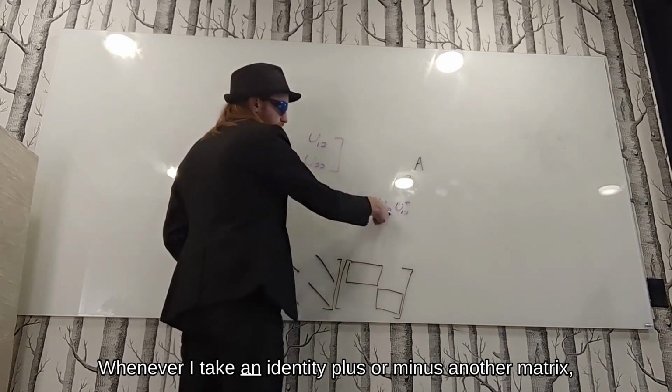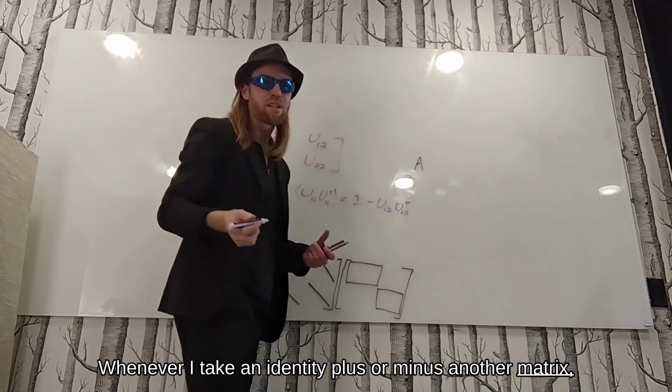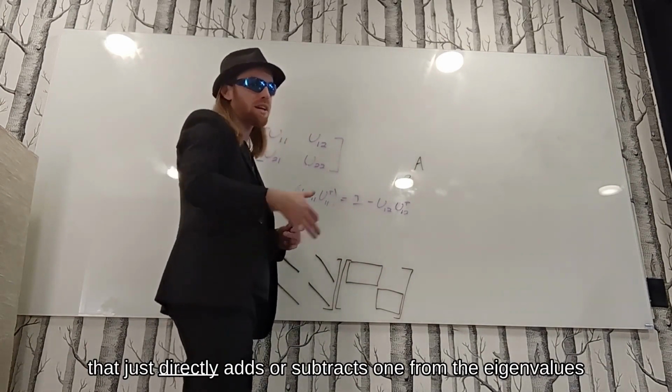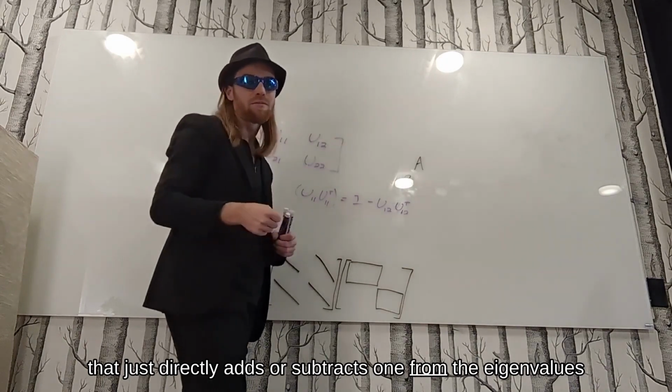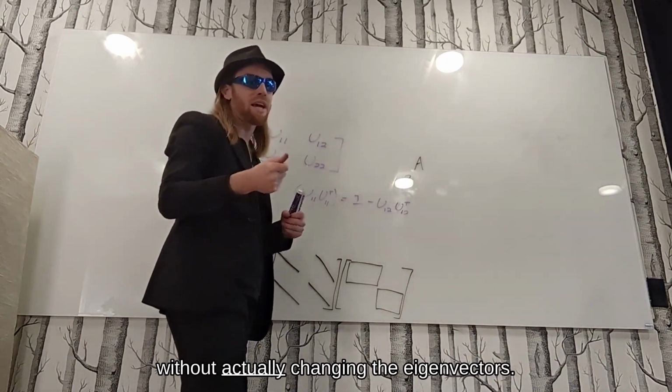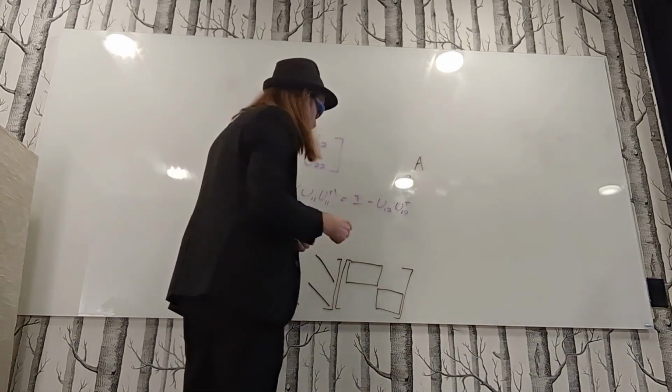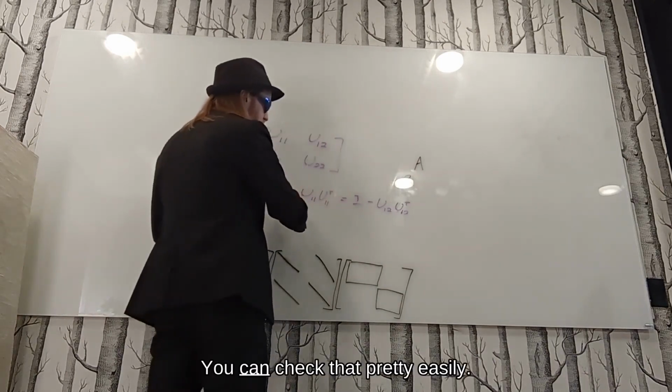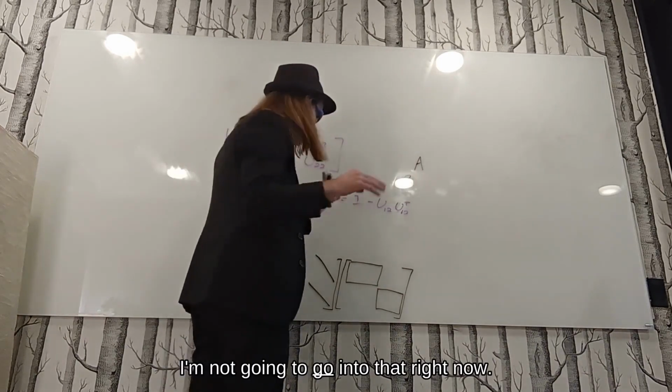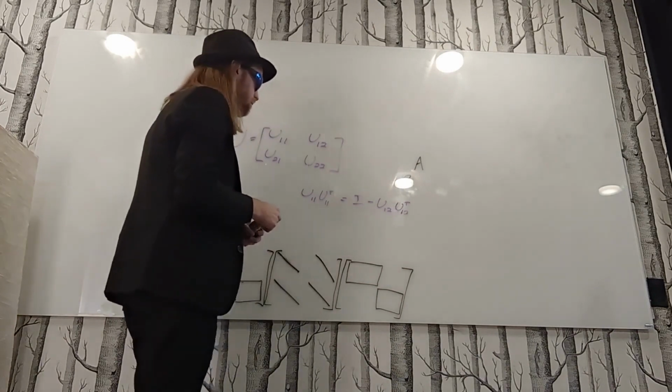Whenever I take an identity plus or minus another matrix, that just directly adds or subtracts one from the eigenvalues without actually changing the eigenvectors. That's a general fact. You can check that pretty easily. I'm not going to go into that right now.